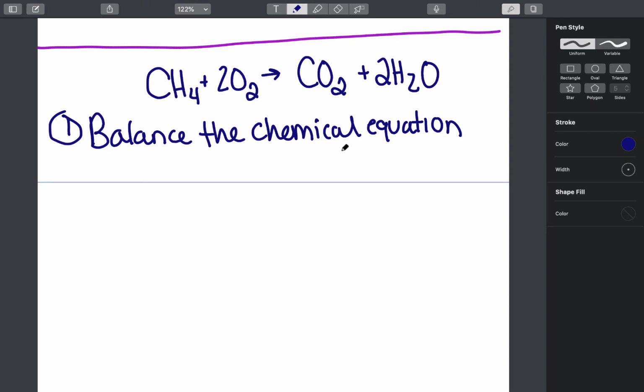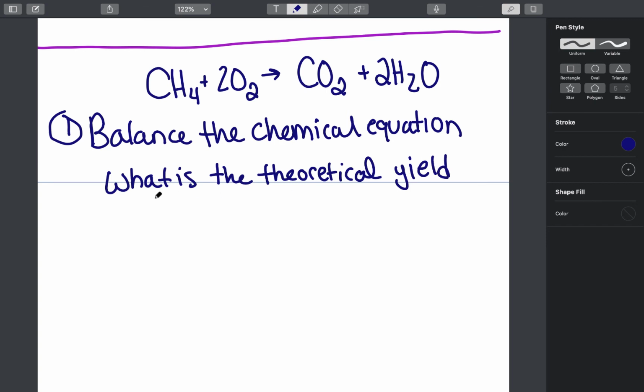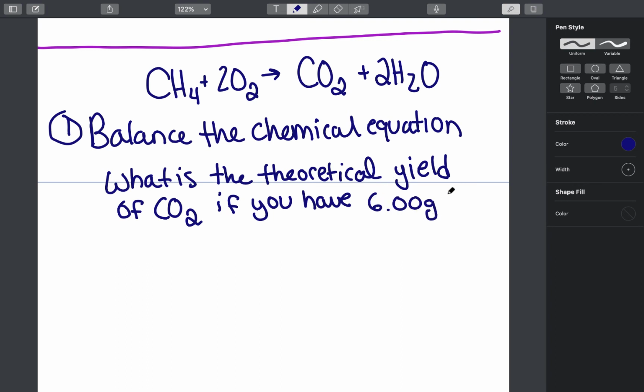So my question is, what is the theoretical yield of CO2 if you have 6.00 grams of methane and 18.00 grams of O2 gas.